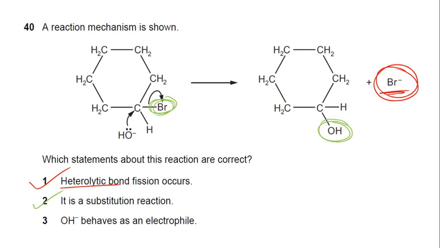The third statement says that OH behaves as an electrophile. Okay, phile, remember, means loving. So electrophile means electron loving. Here is a simple rule to remember for anyone who gets confused with nucleophile and electrophile: we want what we do not have.